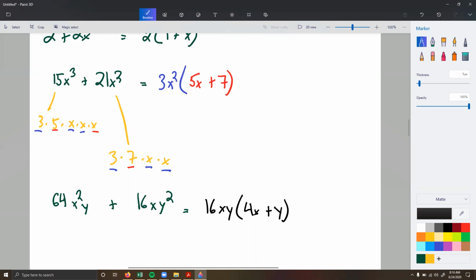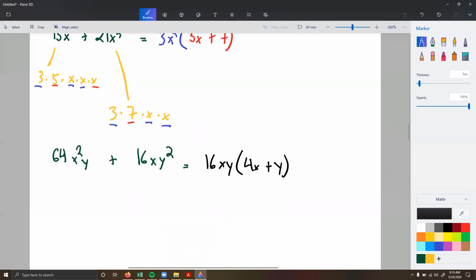But I will let you guys know at least, there are some numbers that are going to get a lot bigger. I would not expect you to know, for example, if you got a problem like 3,125 x squared plus 625, okay, I would not expect you guys to eyeball this and say, oh, there's a 625 in common there, and that's just 5x squared plus 1.